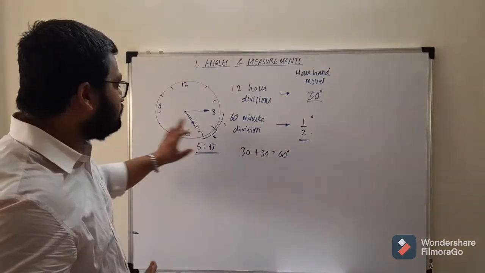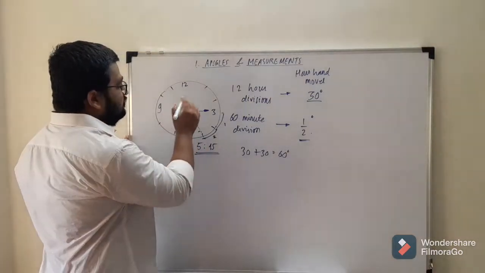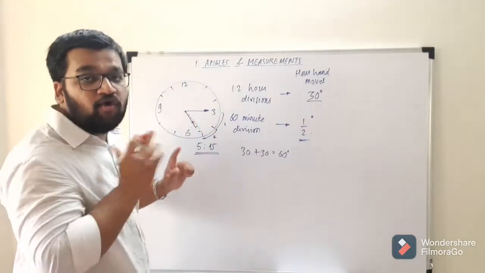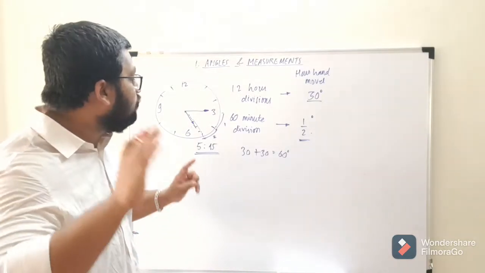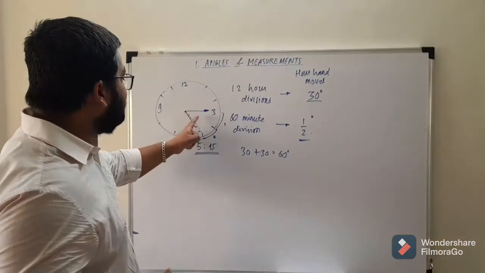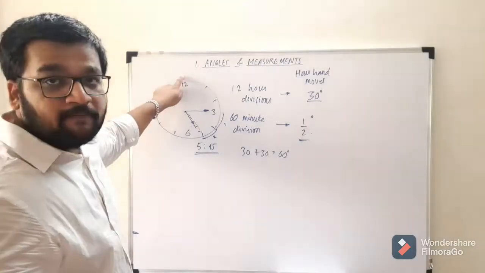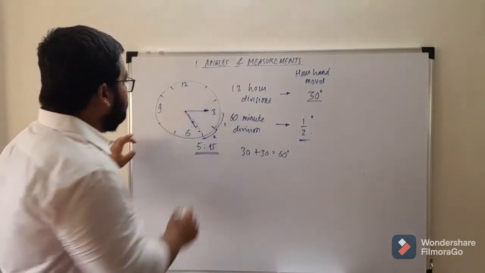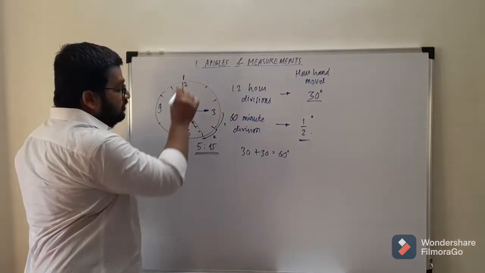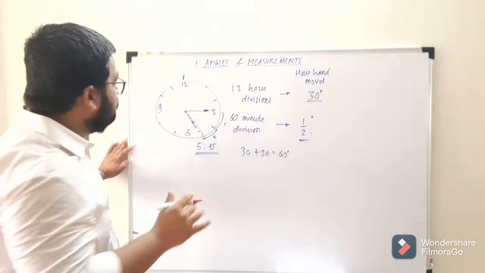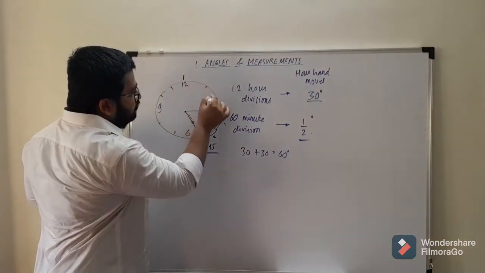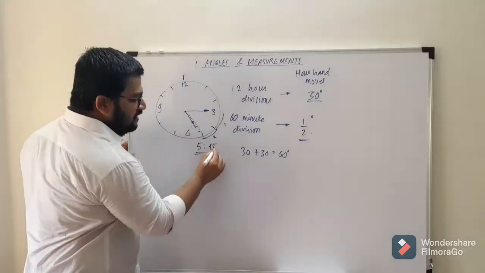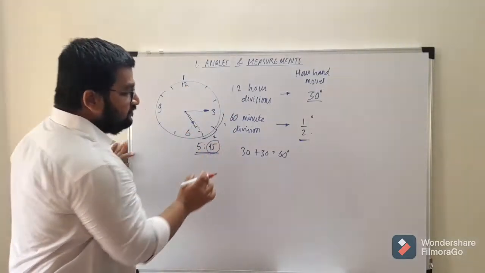Now how do we calculate this? Just listen: how many minutes has the minute hand traveled from 12, from its initial position? Suppose this is 1, 2, 3, that is 15 minutes, as given.